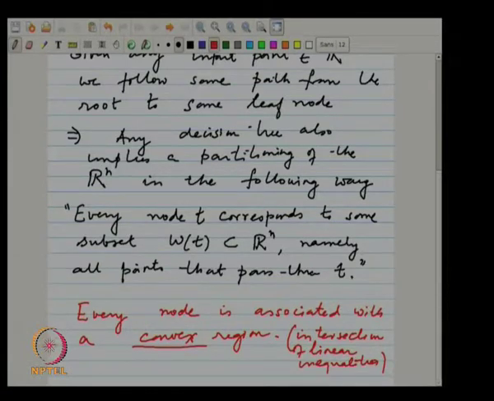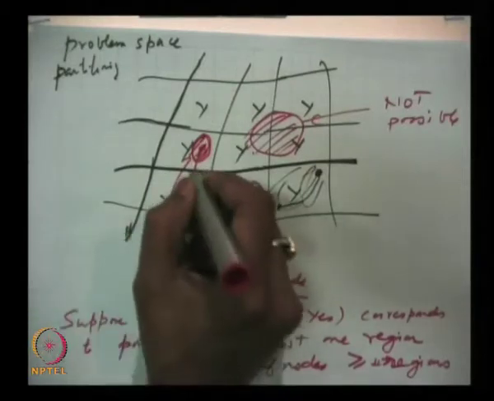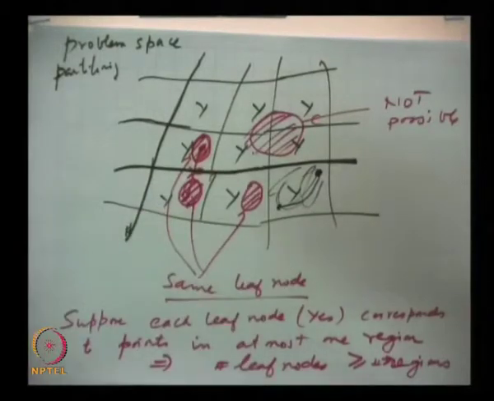Therefore, if a leaf node corresponds to two such regions, it means that it must also contain any linear combination, namely the entire segment should lie within that leaf node, which means that this point should also lie on the leaf node, which is a contradiction, because the leaf node must be unambiguous, it must be only yeses.